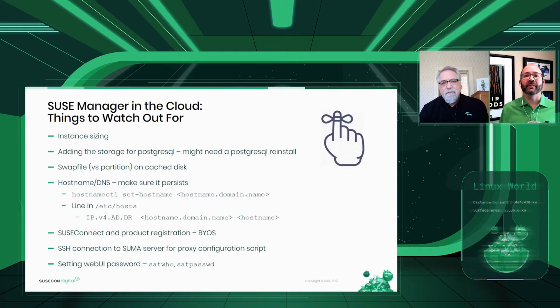So just make sure you do that and you'll save yourself a lot of pain. The script will complain if your host name doesn't match what it thinks it sees on the system. And these 2 simple steps will solve that 100% of the time. And this actually works on premise as well.